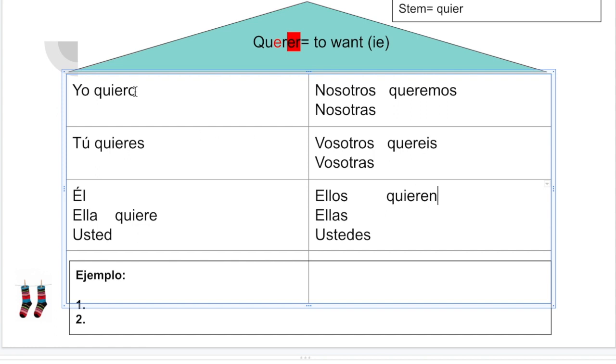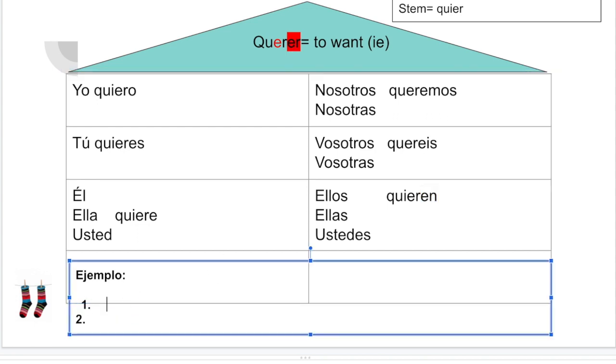So the endings are o, es, e, emos, éis, en. No more o, as, a, amos, an. This time o, es, e, emos, éis, en. Why? Because it's an ER verb. Okay.